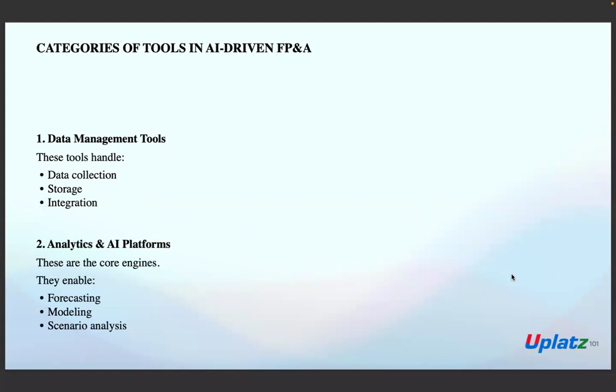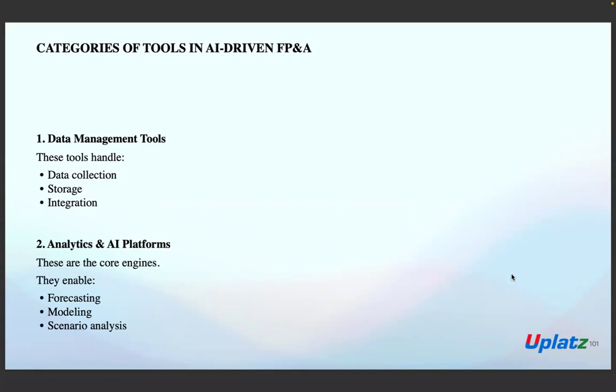For example, data warehouses, data lakes, and ETL, that is, extract, transform, and load tools.